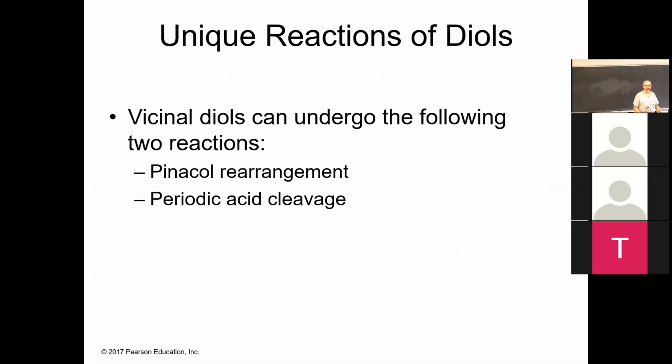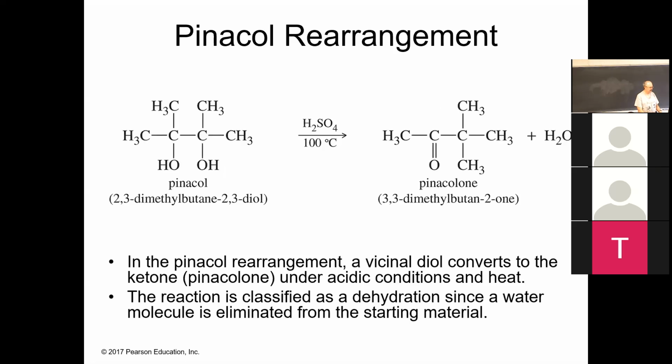Right, there are some unique reactions of diols. Vicinal diols or glycols can undergo two notable reactions, the pinacol rearrangement and periodic acid cleavage. This is the pinacol rearrangement. It takes place in sulfuric acid at 100 degrees. This is commonly called pinacol.